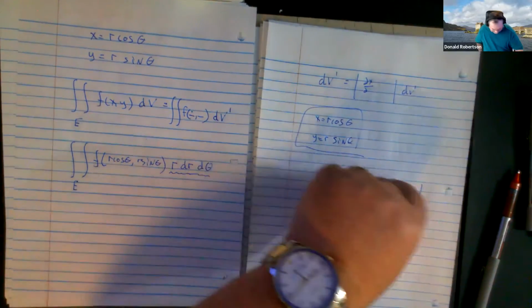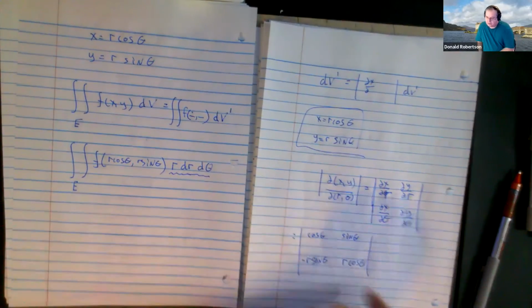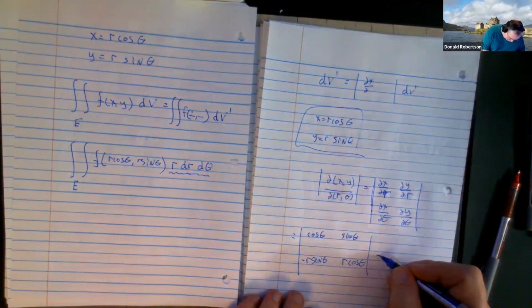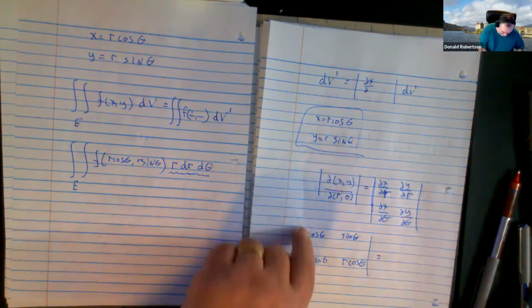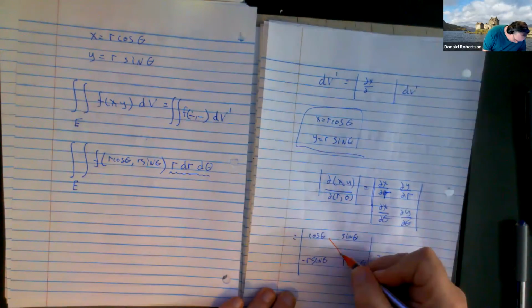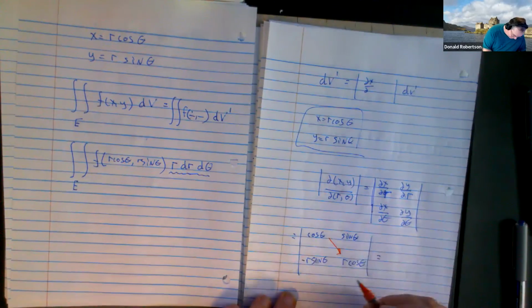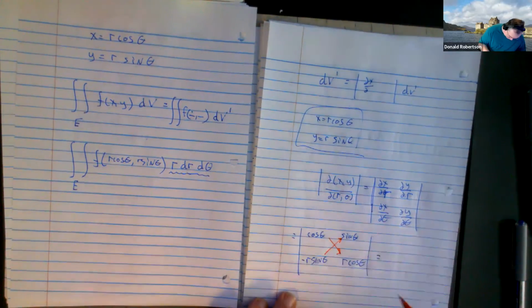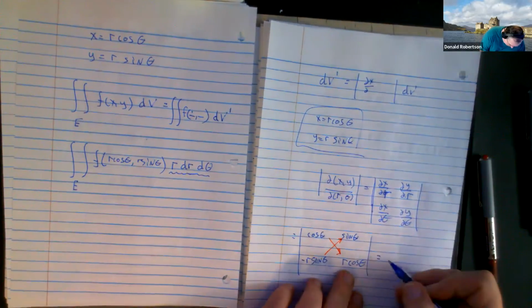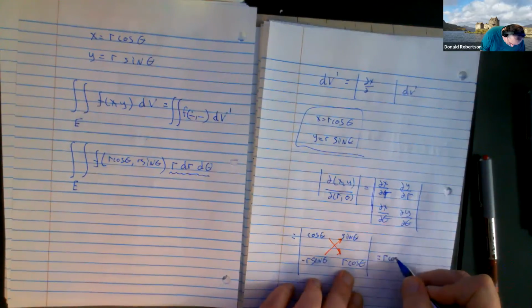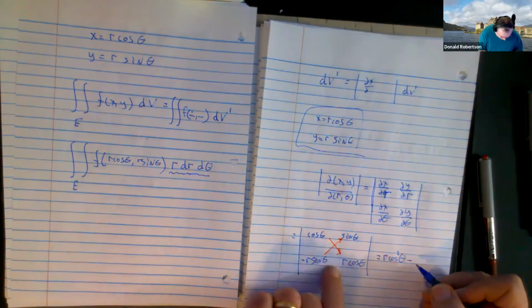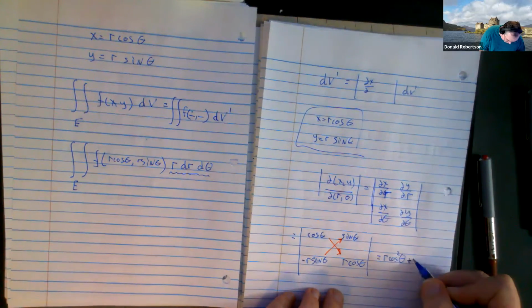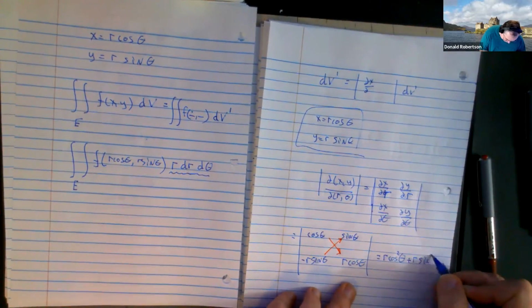Are you happy about these four? Now, the determinant of a 2 by 2 matrix is those two, called the major diagonal, take away those two. So what do you get? You get r cos squared theta, take away negative r sine squared theta, so plus r sine squared theta.